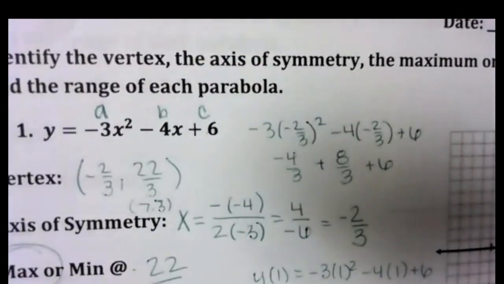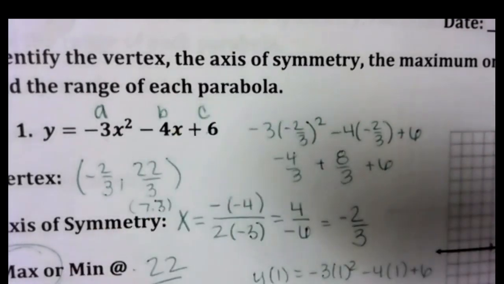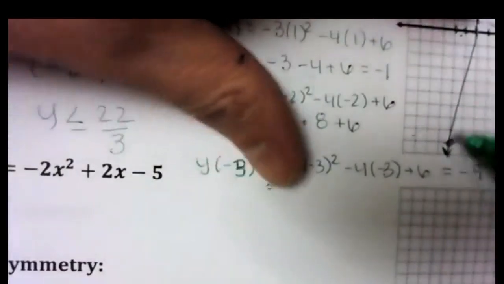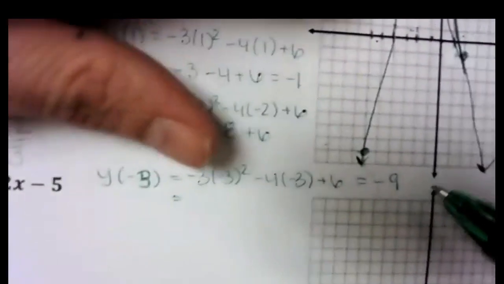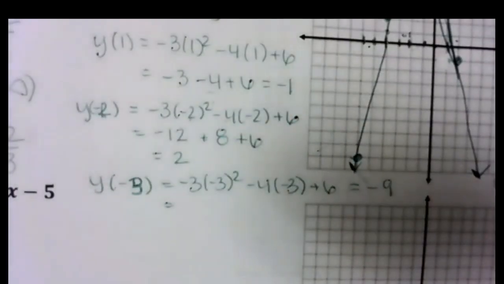I teach the table because it makes your points symmetric. So we'll do the table for the next one, and you'll see how my points aren't so lopsided. Because basically what's happening is you're kind of guesstimating what's happening between these lopsided points now. That's all. But nobody likes fractions, so I wanted to show you a way to do it without fractions.